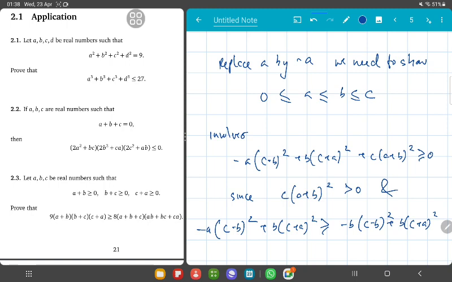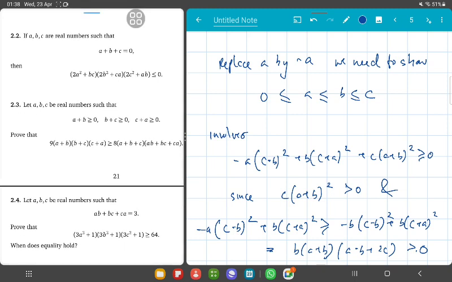Now you can write it as b a plus b, a minus b plus 2c greater than 0. So equality holds for a equals b equals c. All will be greater than 0. This is how you prove your 2.3.